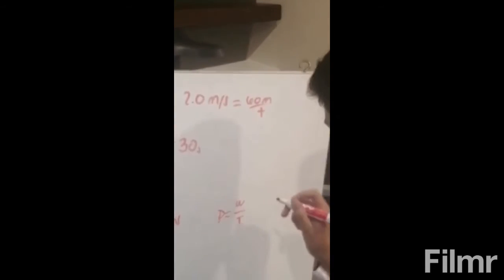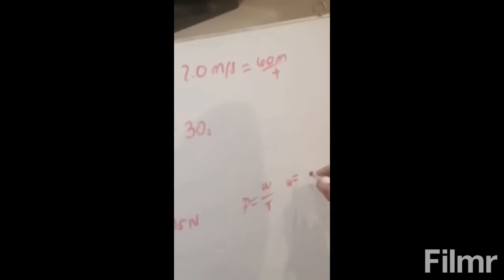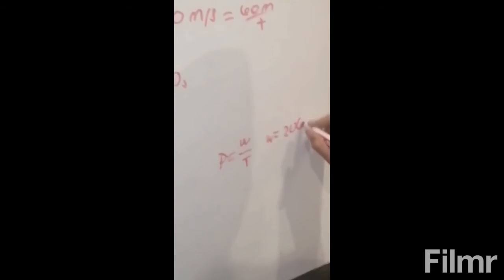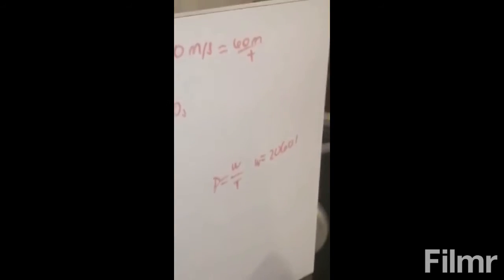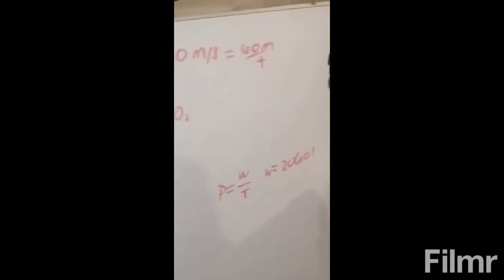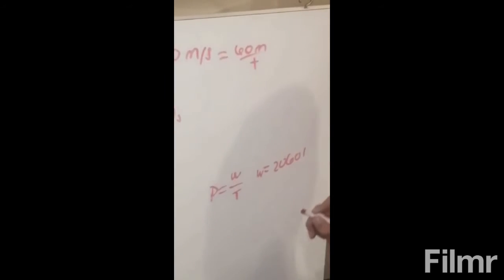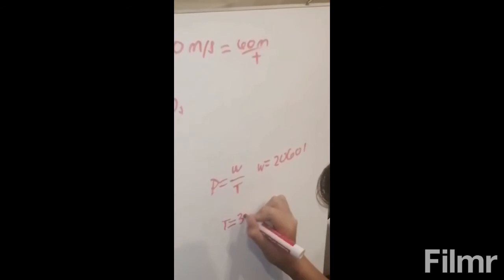And work, remember, equals 20,601. So we divide, and we know that time is 30 seconds. Time equals 30 seconds.